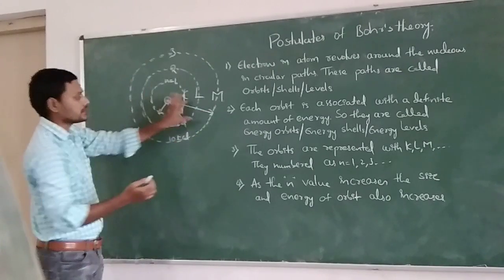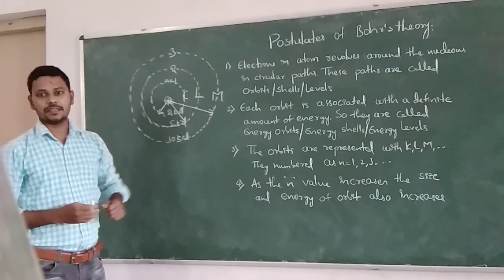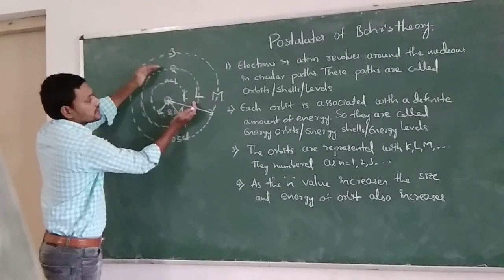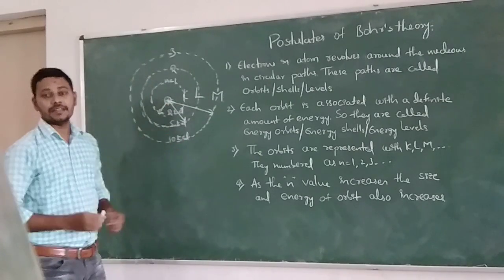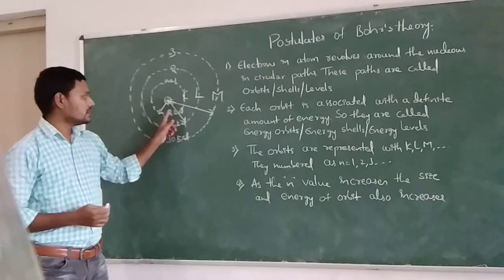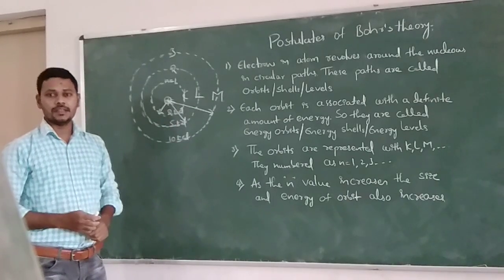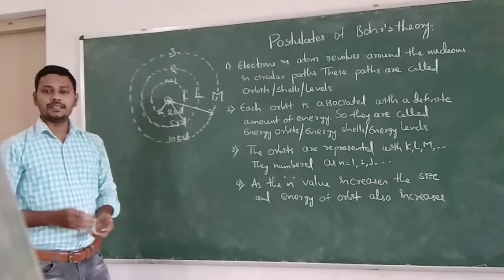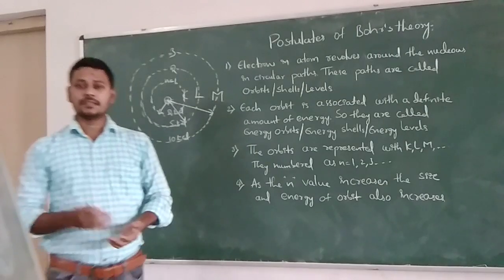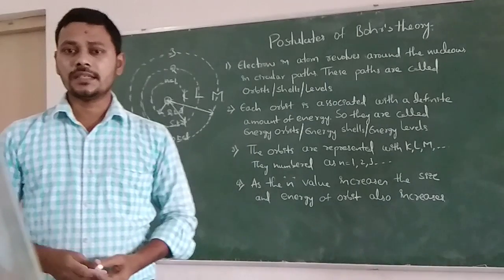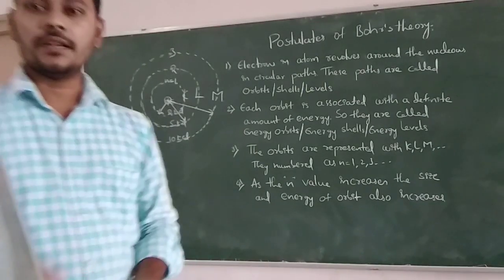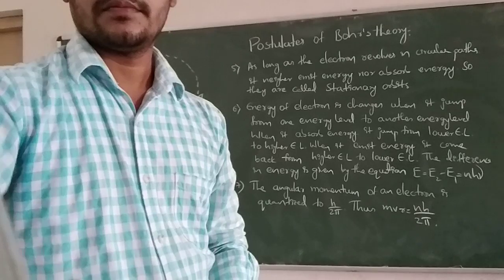See, this is the radius. As the n value increases, the size of the shell increases. At the same time, the energy of the orbit also increases. This is the fourth point.